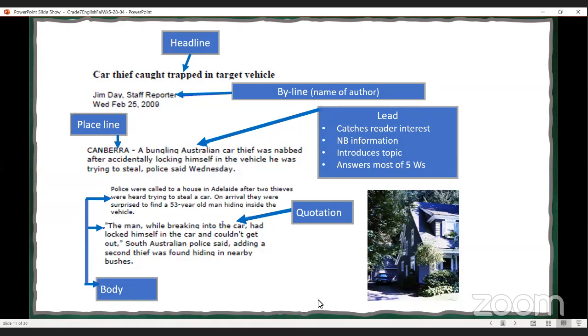Because who's talking? What man? Yes. Which policeman? Remember, detail is important. So this quotation adds accuracy and it's believable because an actual South Australian policeman, a policeman actually working in the town, commented.